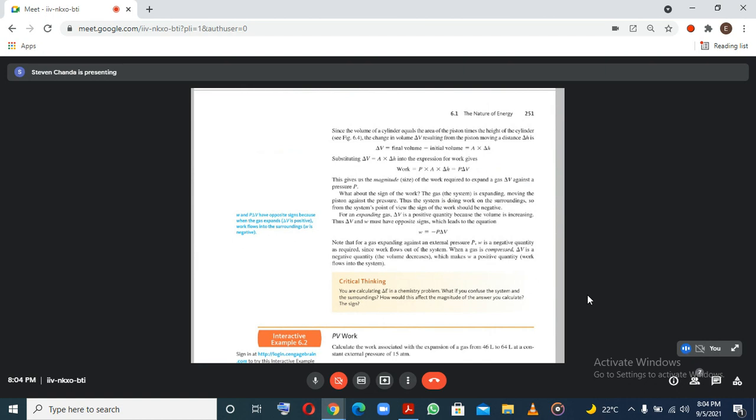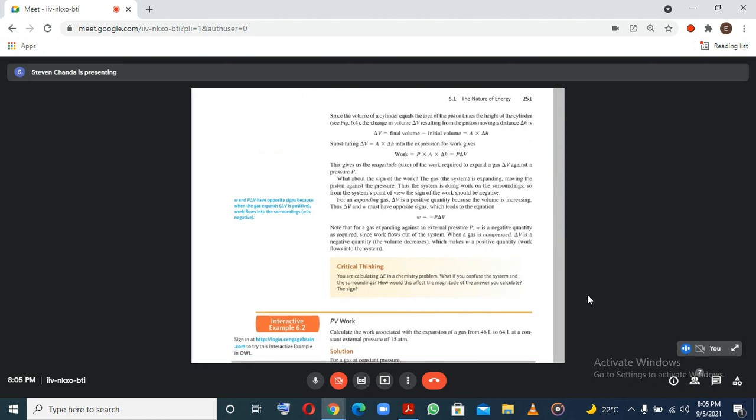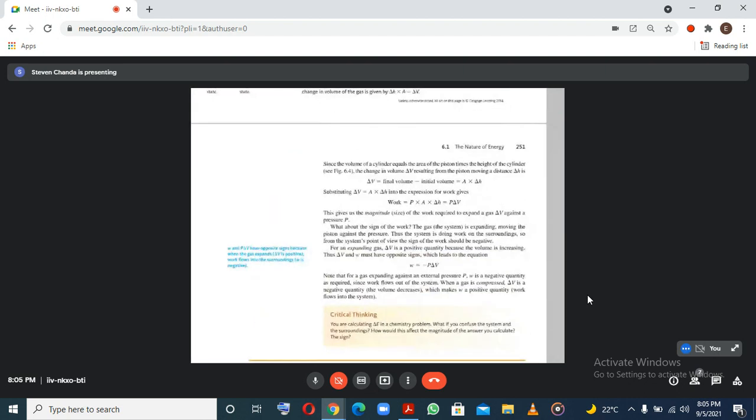Now we're going to think about what signs we are going to put into this equation. So the key thing is this. Let's now talk about the sign for work, because we've talked about the sign for heat and everything. If the system is expanding, we know that the system is doing work on the surroundings, right?